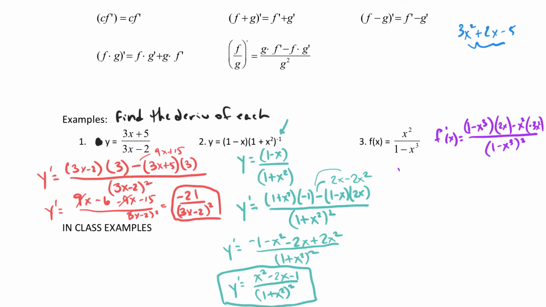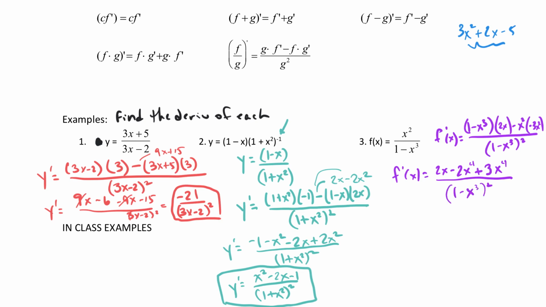So distributing this, f prime of x will be, this will be 2x minus 2x to the fourth. Over here, you will get the negative times the negative, so positive 3x to the fourth all over this 1 minus x cubed squared.